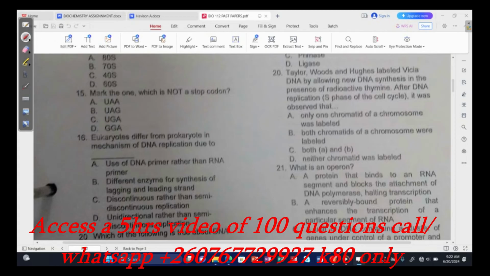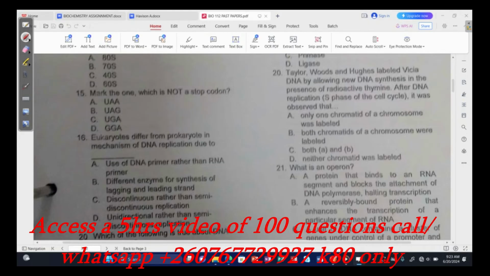They labeled radioactive thymine, and after a number of duplications, what they discovered was that each chromosome, which has two chromatids, had half labeled with radioactive thymine, and the other half unlabeled.